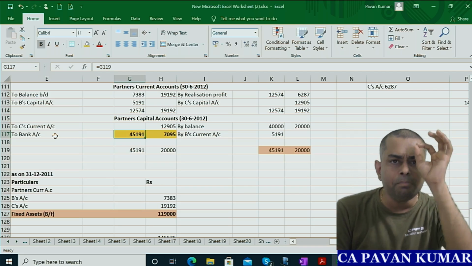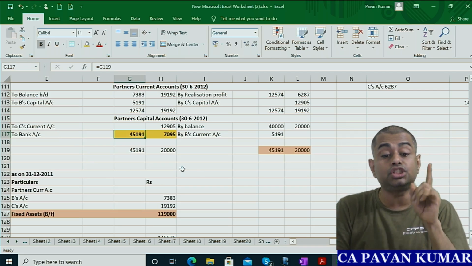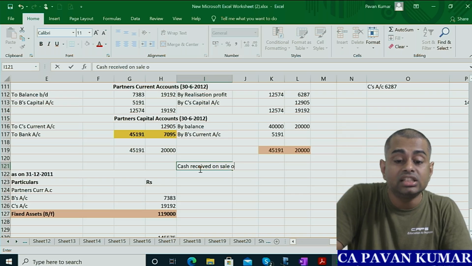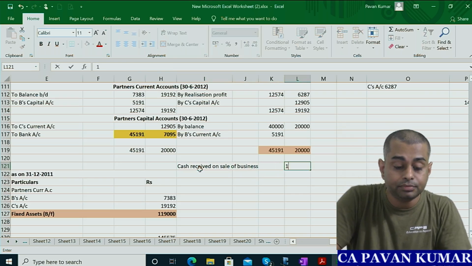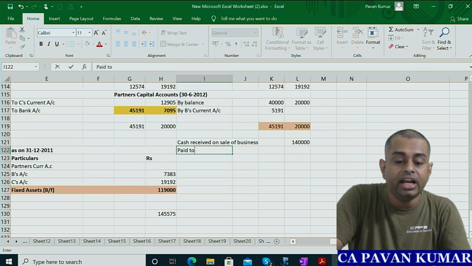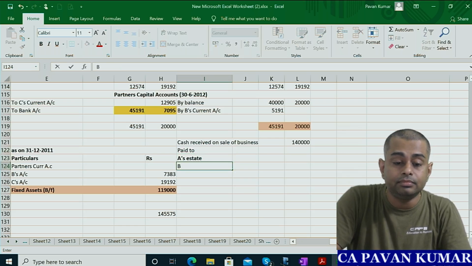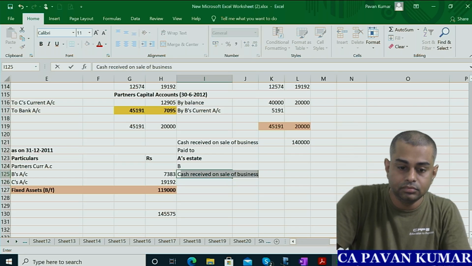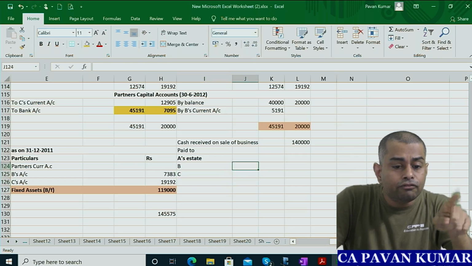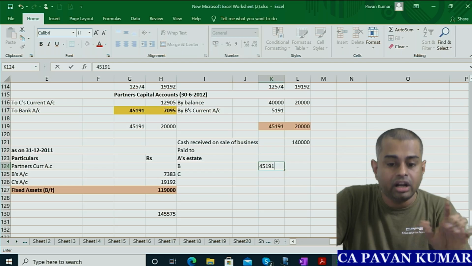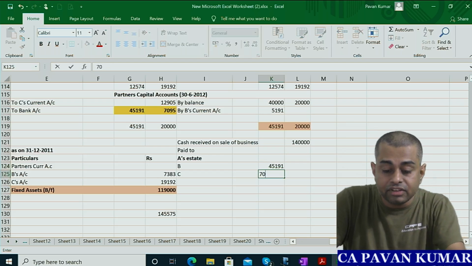Now I'll tell you one simple equation to check whether your solution is correct or not. Cash received on sale of business: how much? 1,40,000. In this, paid to A's estate, B, C. To B, how much have you paid? 45,191. To C, how much have you paid? 7,095.